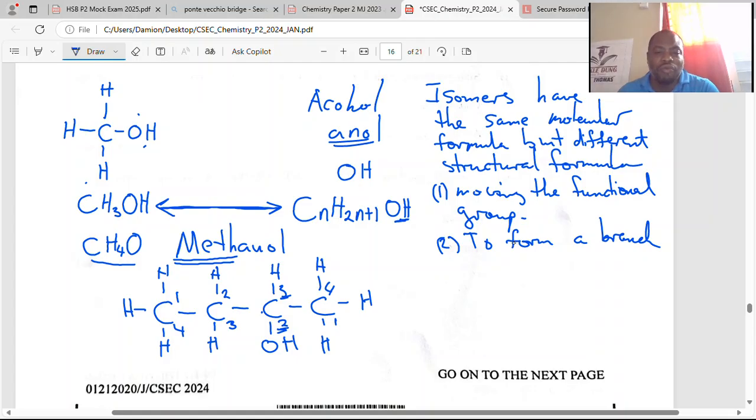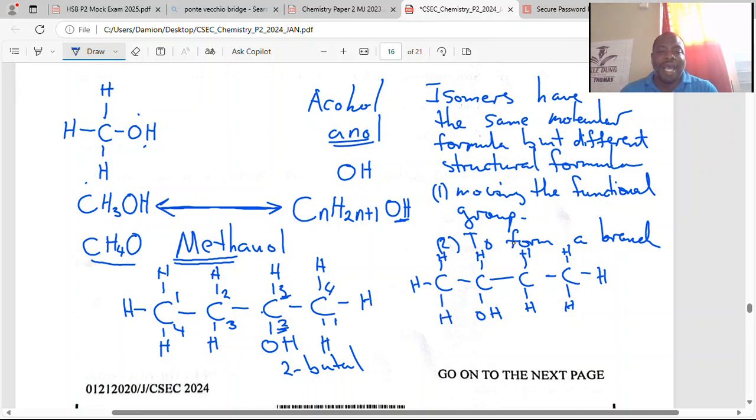So we just said that this is 2-butanol. If we are asked to give an isomer, can we give this as an isomer of that we just did? Is this an isomer? As you look, tell me why. If you say yes, tell me why, or if you say no, tell me why.